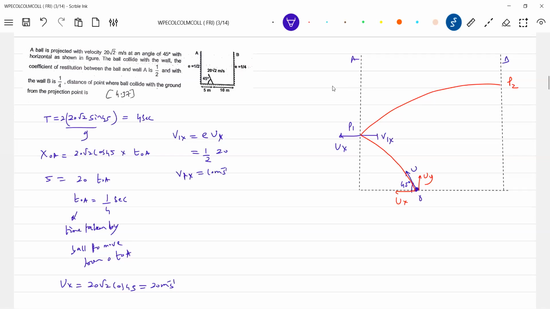Then what is the time taken to move from P1 to P2? T_P1P2 should be equal to the horizontal distance it will cover between the walls, 5 plus 10, divided by v1x.